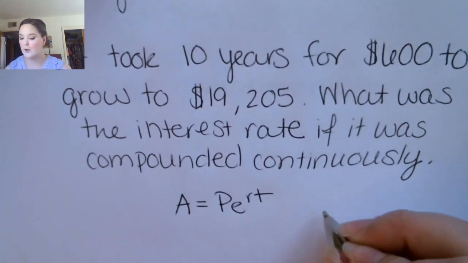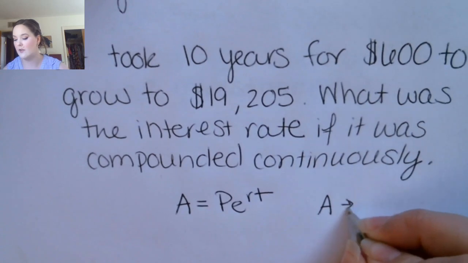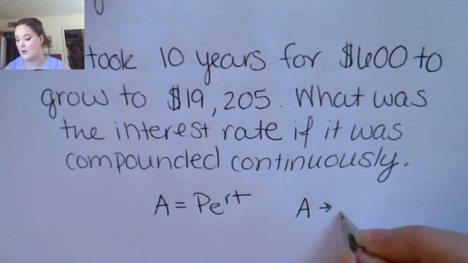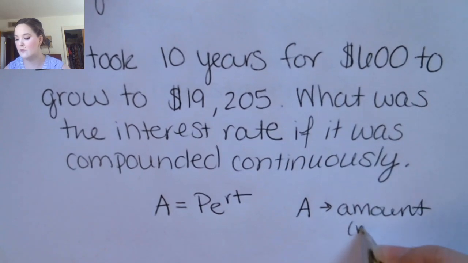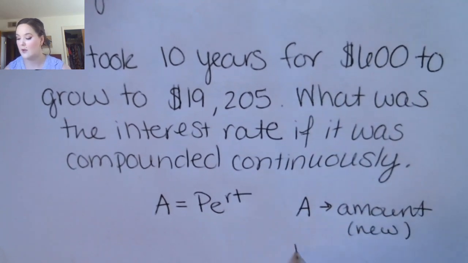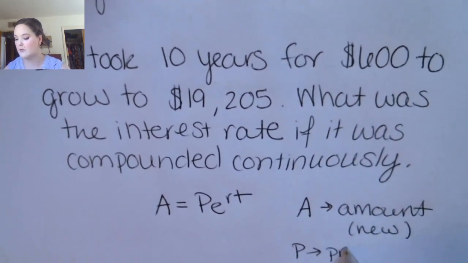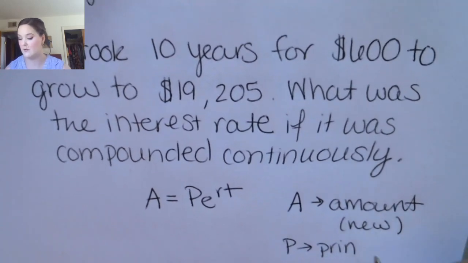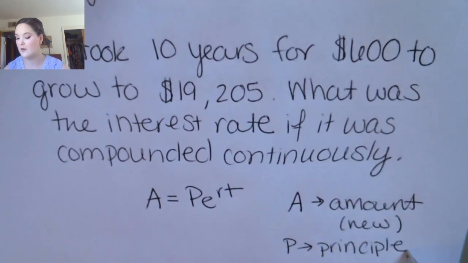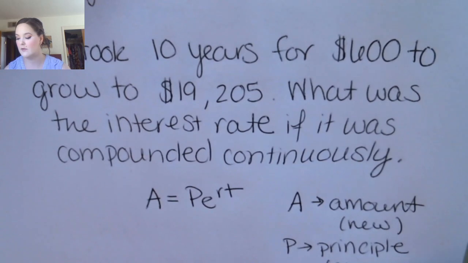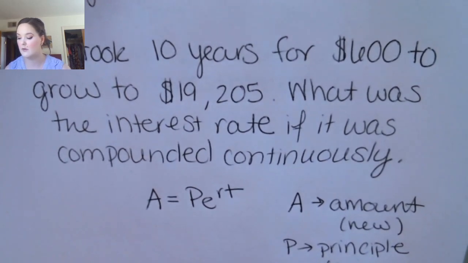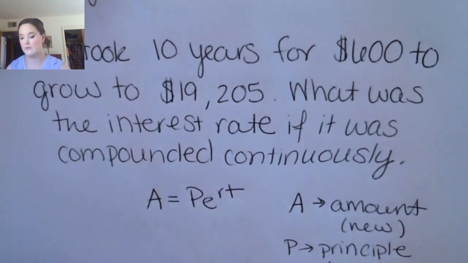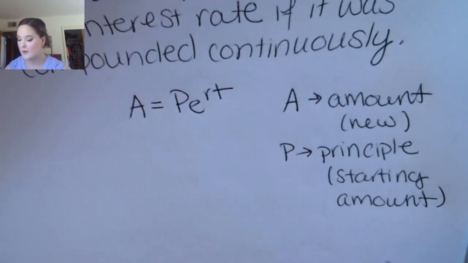Okay, so remember A is the amount. This is like the new amount. P is the principal, which is the starting amount. E, you know what that is.